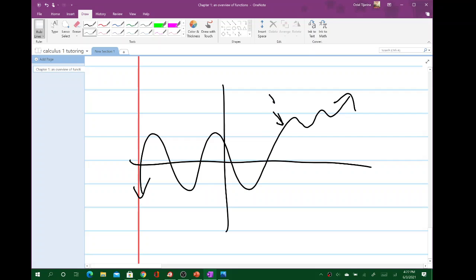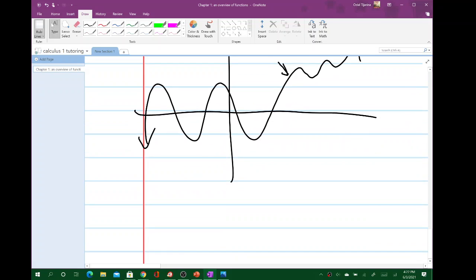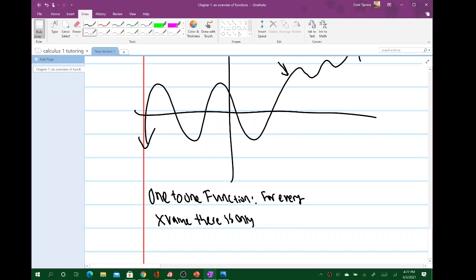Let's say this is f of x, and a one-to-one function means that for every x value, there is only one y value.